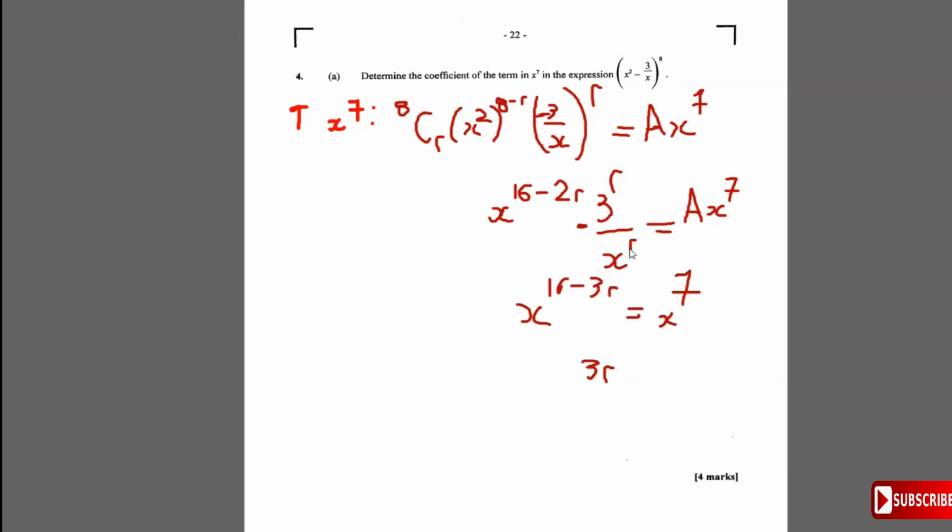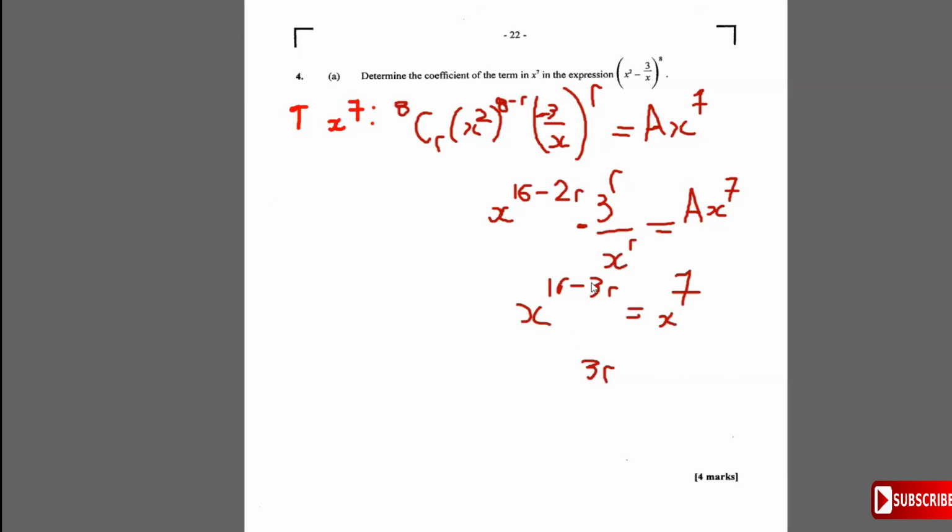So it's really being multiplied by x to the minus r. This is really x to the minus r up here. So it's minus r plus 16 minus 2r. That's minus 3r. I'll need it to be something times x squared.